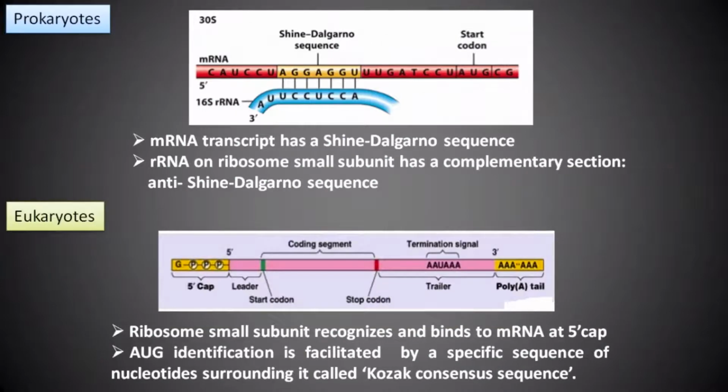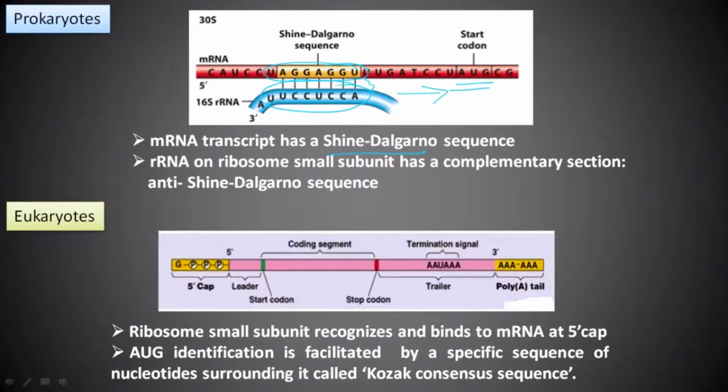In prokaryotes, the messenger transcript has an SD sequence, known as the Shine-Dalgarno sequence, and this sequence is recognized by a complementary sequence present in the 16S ribosomal RNA. They base pair with each other, and then proceed towards the start codon AUG and translation starts.